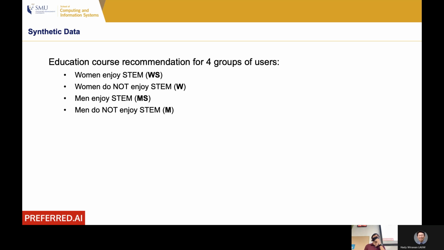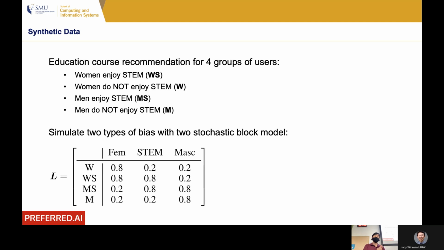We denote this group as WS. The women who do not enjoy STEM, we denote as W only. And similarly for the men, we have MS and M. To simulate the rating matrix, or the interaction matrix, between the users and the items, we first have this matrix.